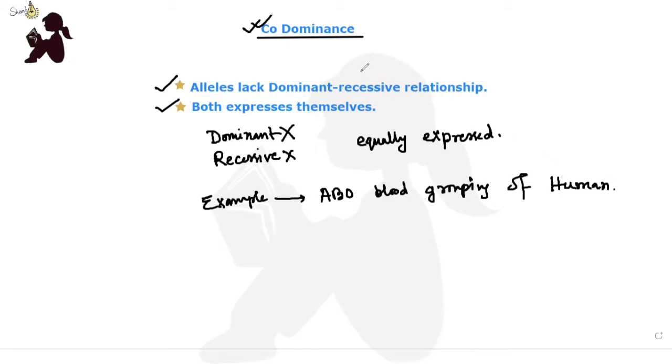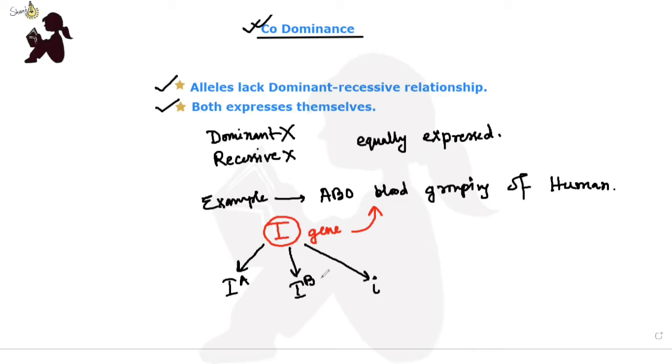The gene I is responsible for the ABO blood grouping, and it is represented by three alleles: IA, IB, and small i. These are the three alleles which represent the ABO blood group.